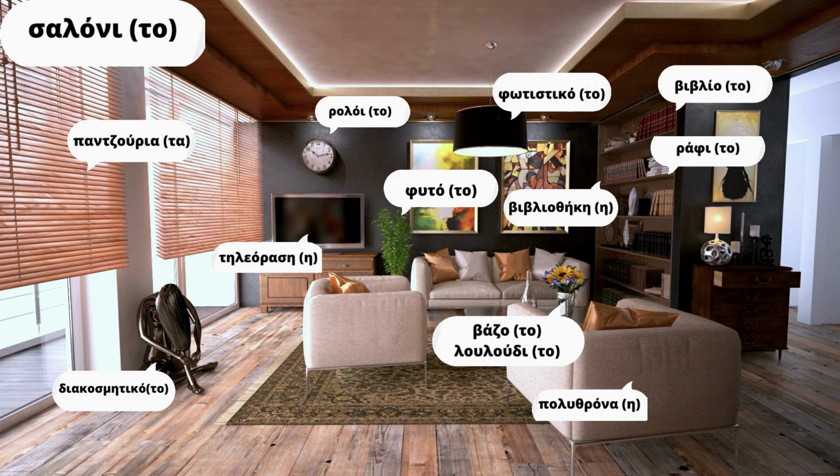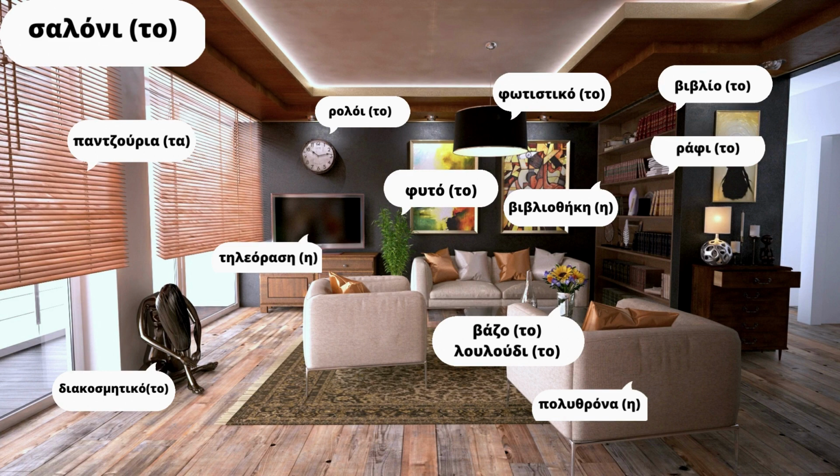Now, to the right, we have this big kind of furniture next to the wall, which is called bibliotheki in Greek. Bibliotheki. So basically, it's a place to put your books in it. And I remind you that the word for a book in Greek is to biblio.